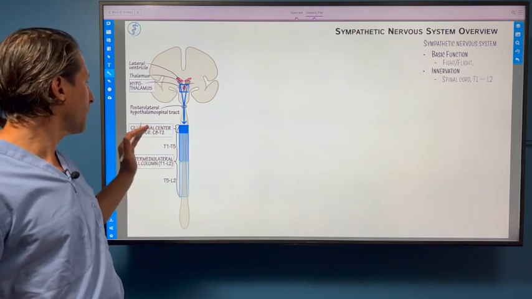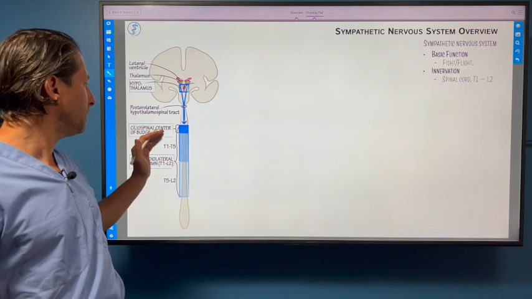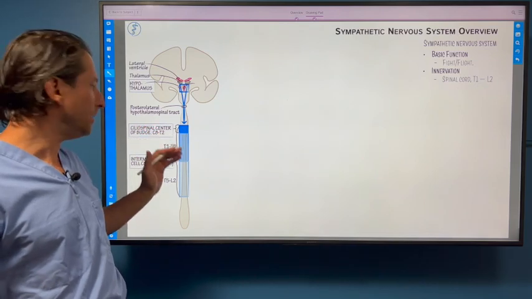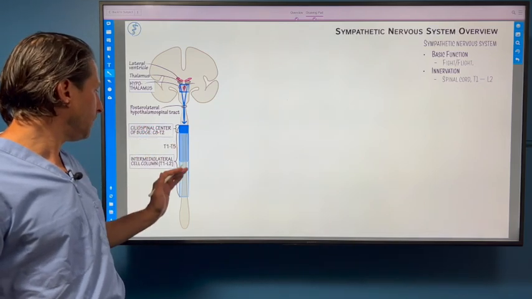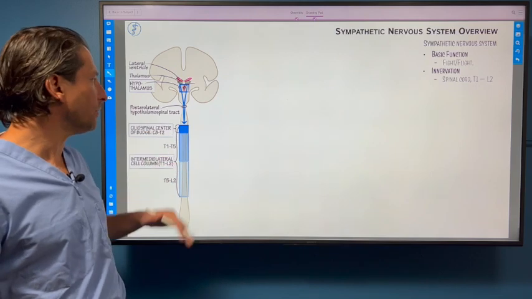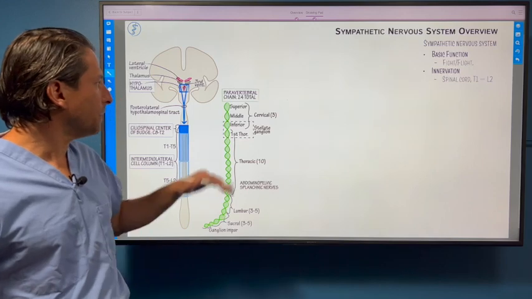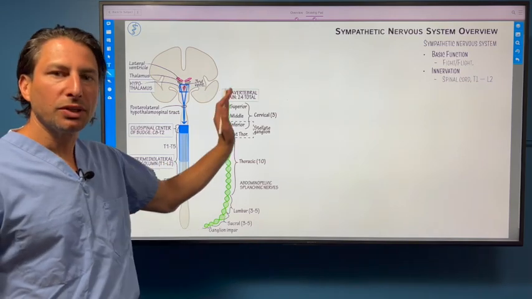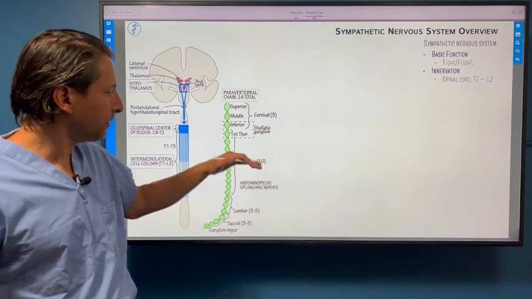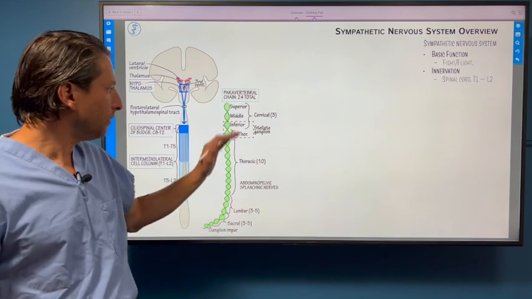Now we've demarcated the ciliospinal center of Budge here from C8 to T2, and then we've demarcated these two different levels within that T1 to L2 segmentation. There's this paravertebral chain here, which has cervical, thoracic, lumbar, sacral regions to it.